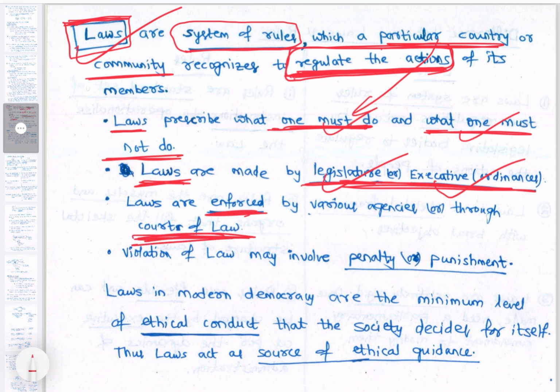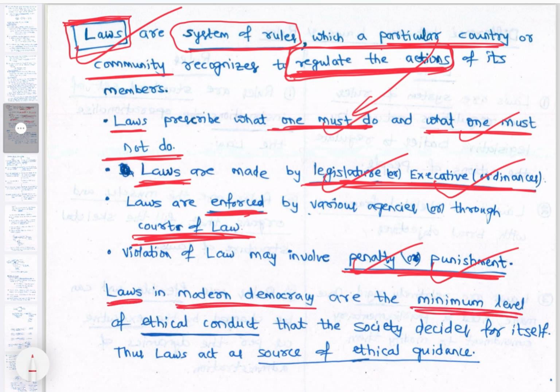Violation of law may involve a penalty or punishment. If you violate the law, either you pay a penalty or you will be punished; you will be put behind bars. That is punishment. One more thing: laws in a modern democracy are the minimum level of ethical conduct. We have already discussed that laws are nothing but the minimum level of ethical conduct that society decides for itself.